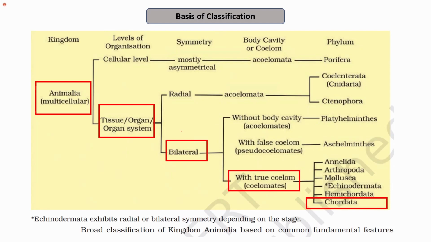So we learned about some basic characteristics of chordates yesterday. I'm just going through that again so that we can have an idea. Whatever characteristics we discussed are present in all the animals and in all the classes that we are going to discuss. Chordates, as the name suggests, are the ones that have a chord, a string-like structure present in them.